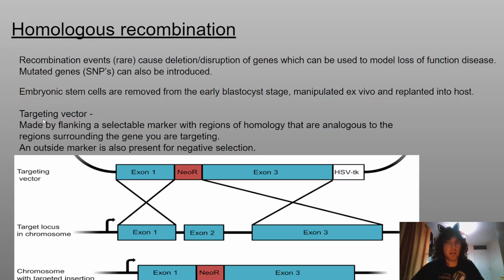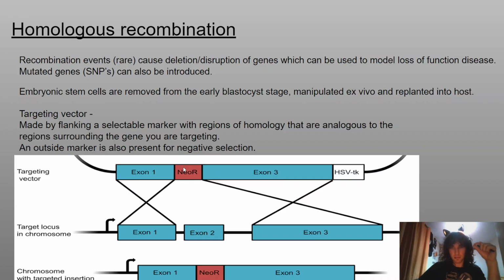So first, you have to make a targeting vector. This is made by finding a good selectable marker, in this case NEO-R, with regions of homology that are the same as your target locus. So here's your target gene, here's exon 1, exon 3; copy that to your targeting vector and have it flank this selectable marker.